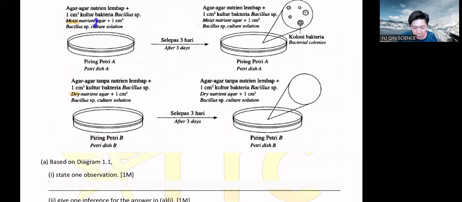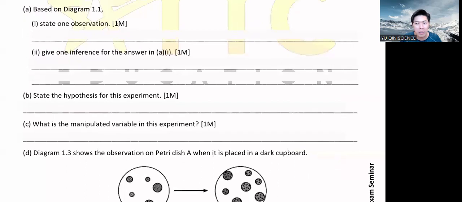Since we have only moist and dry, we will be more straightforward and say the moist one, bacteria likes it more, or bacteria grows and reproduces rapidly in the moist one compared to the dry one. We will use the comparison method instead.